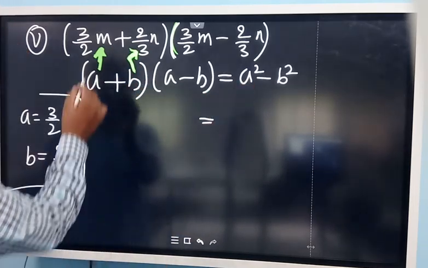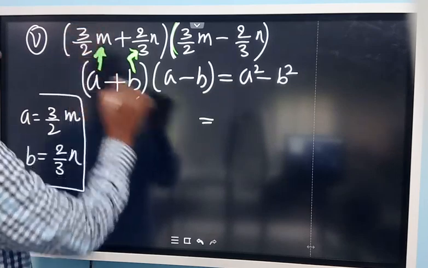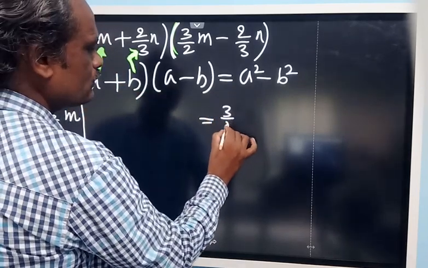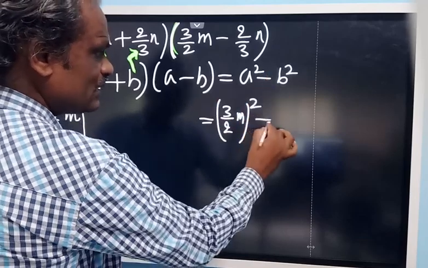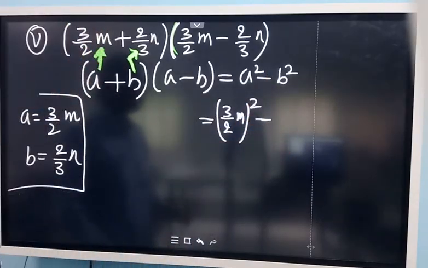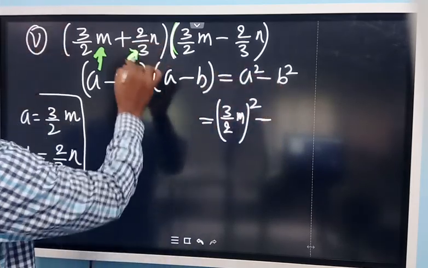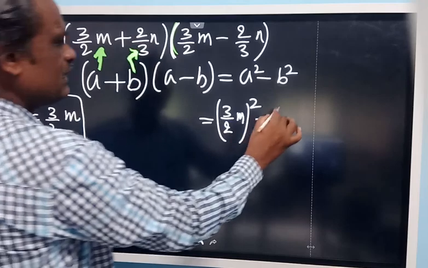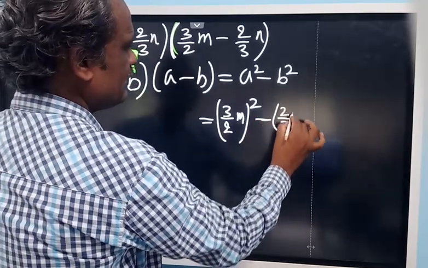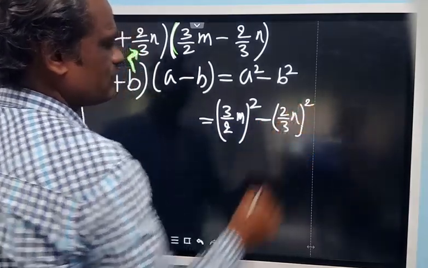A square means 3 by 2m whole square. Then you write this minus as it is. B value, b can take what value? 2 by 3n whole square.